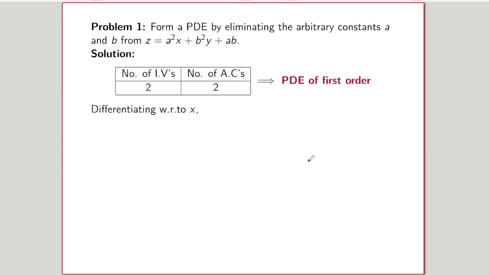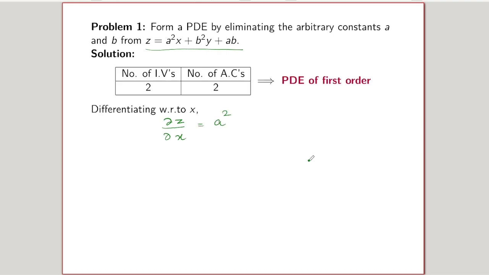As I have told earlier, to find the PDE, we have to differentiate the given equation with respect to x and y. So differentiating the given equation z equal to a square x plus b square y plus ab with respect to x, we will be getting dou z by dou x equal to a square.